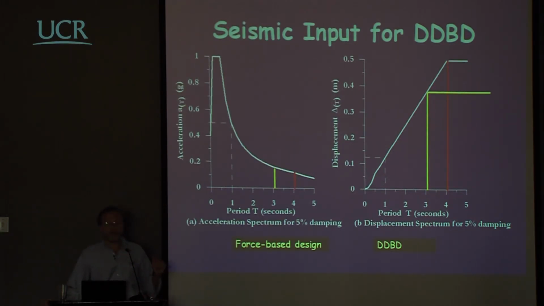But when you go to a displacement spectrum, you may well be in the area where you're still increasing, or you may not. But you can have very significant differences because the displacement demand can increase linearly. Or you could have no difference if you are in the plateau where you have essentially the same displacement demand.